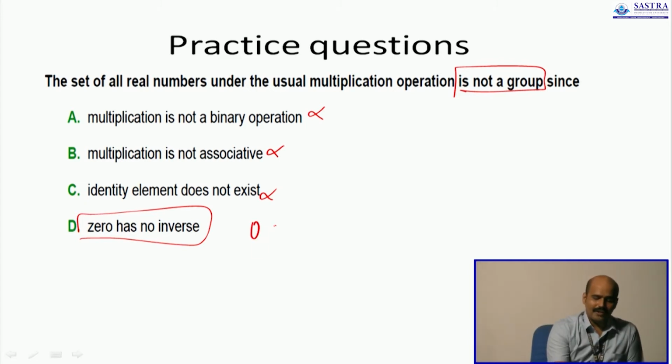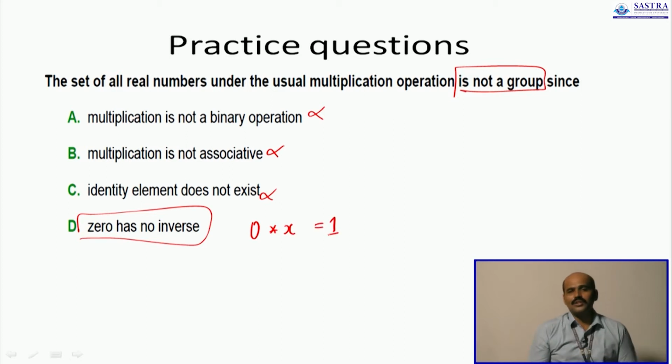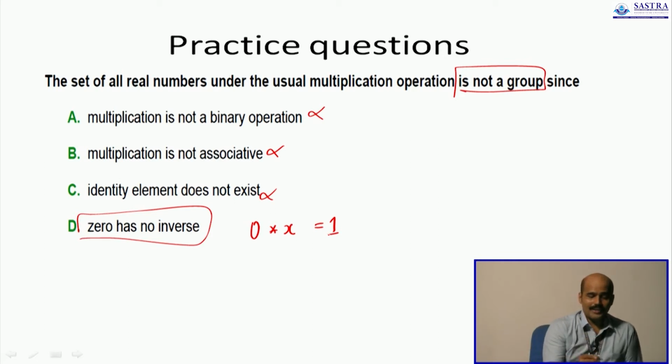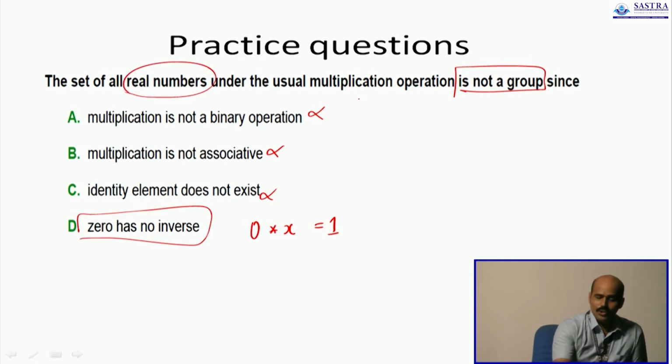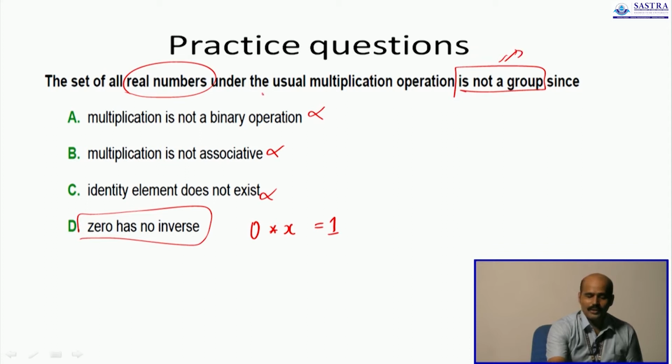You cannot find a real number x such that 0 times x is 1. Such a number is not present, and therefore there is no multiplicative inverse for 0, which is also counted as a real number, and that is the reason why real numbers do not form a group under the usual multiplication.